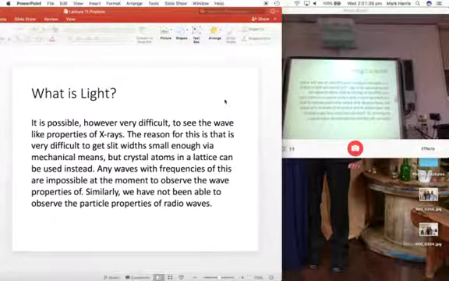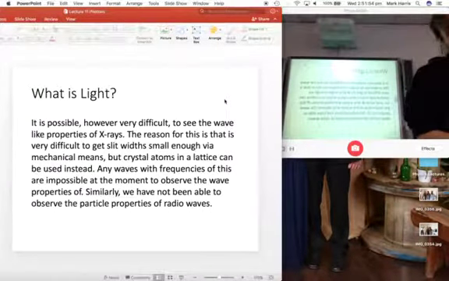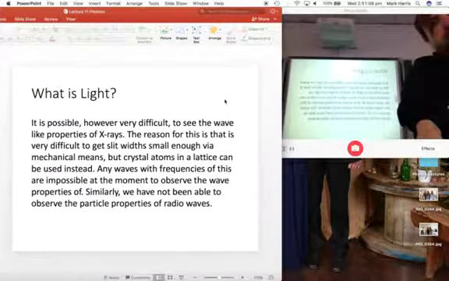Any waves with frequencies smaller than that are impossible to observe because we can't get the spaces smaller. We also have real trouble getting radio waves to act like particles.